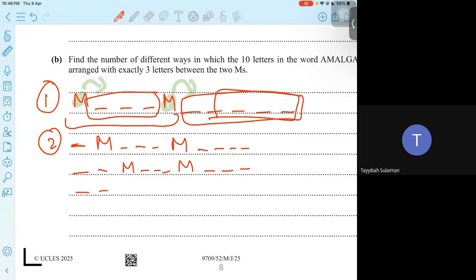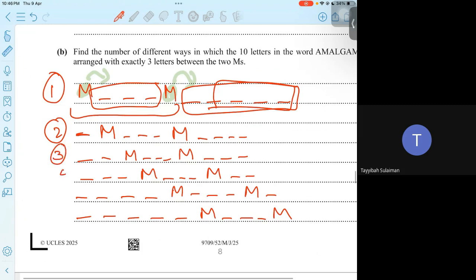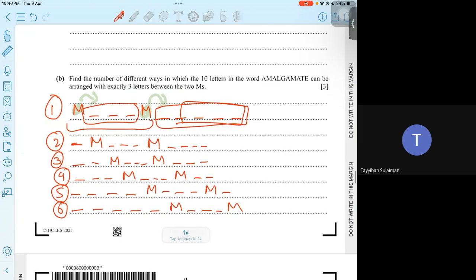Fourth scenario, blank, 1, 2, 3, M1, 2, 3, M1, 2. Do you see all the scenarios that I was talking about? These are all the scenarios that I was mentioning.